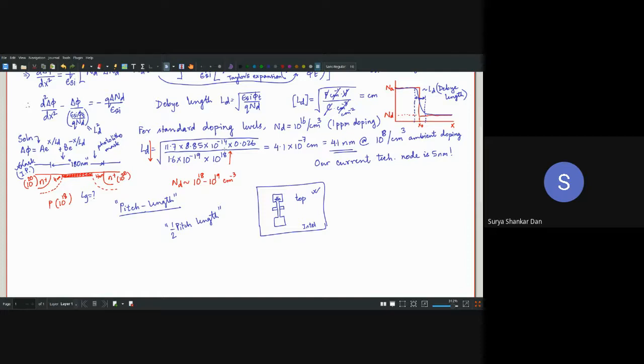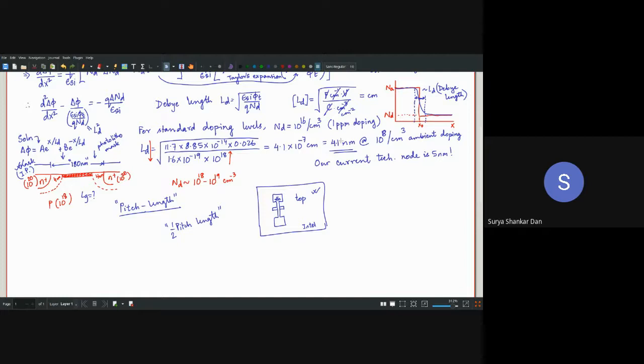the moment you increase the doping level, you are reducing the LD. Clear, right? If you take 10 power 18, the LD is reduced to 4.1 nanometers. That means this is the way you can reduce the error because of the step junction consideration.